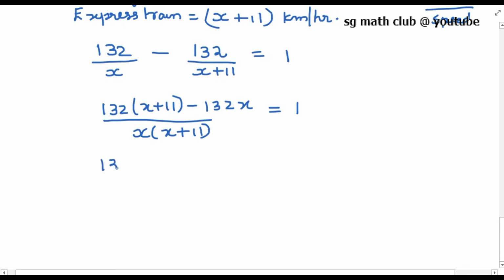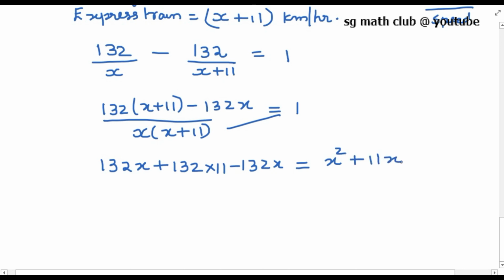When you open the bracket, 132x plus 132 into 11 minus 132x. This we can cross multiply, which is equal to x square plus 11x.